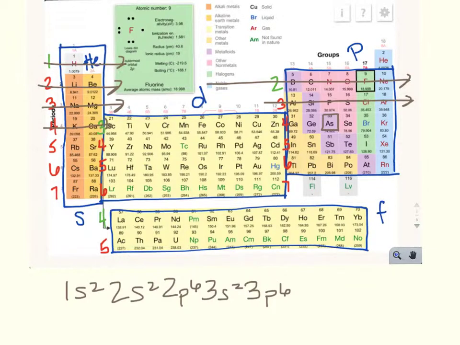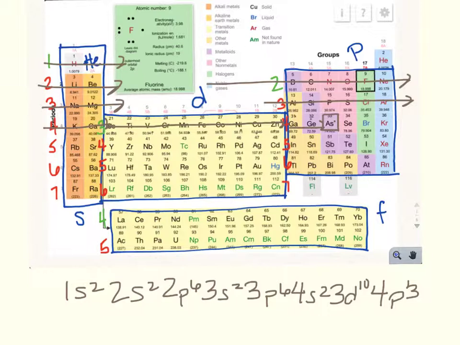Now here I went through 4s2, and now through D, 3d10, if I count 1, 2, 3, 4, 5, 6, 7, 8, 9, 10, but then I keep going to get to arsenic, 4p, 1, 2, 3, 4p3. So you can see how it goes when you go through the D block. And that's it.